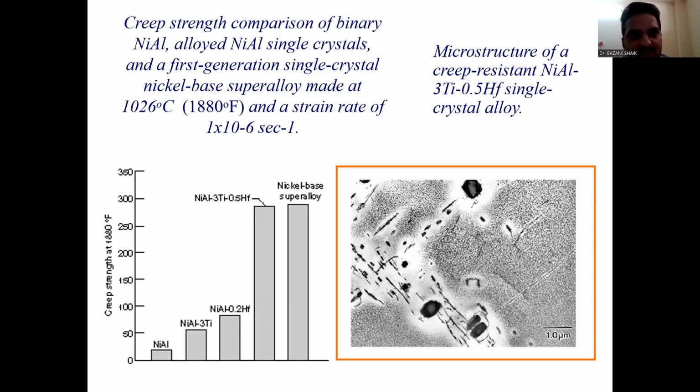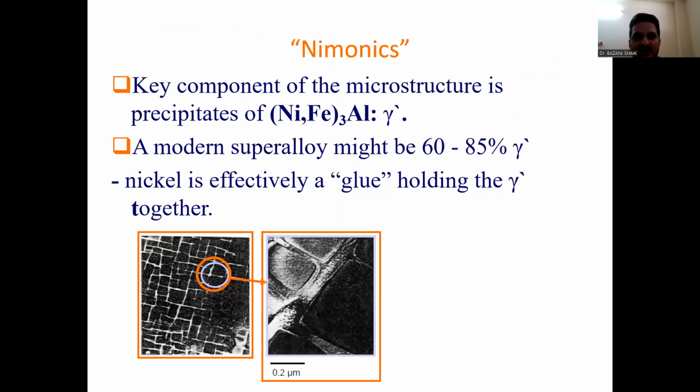It is the alloyed nickel aluminum single crystals, with the first generation of single crystal nickel-based superalloys made at 1026 degrees centigrade, showing strain rate and the metal structure of creep-resistant nickel aluminum single crystal alloy, at 1 micrometer.